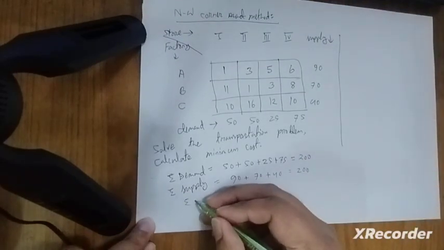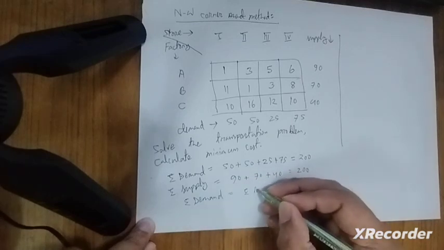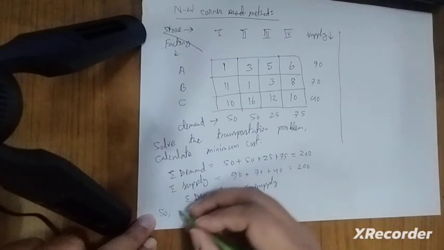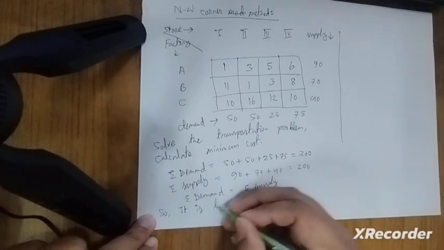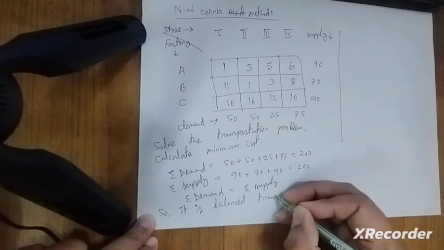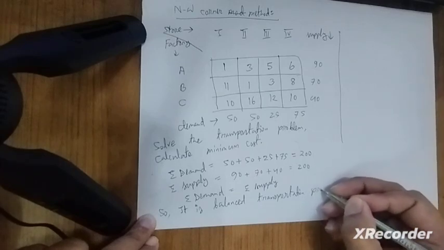So the summation of demand equals the summation of supply. So we can write that it is a balanced transportation problem.